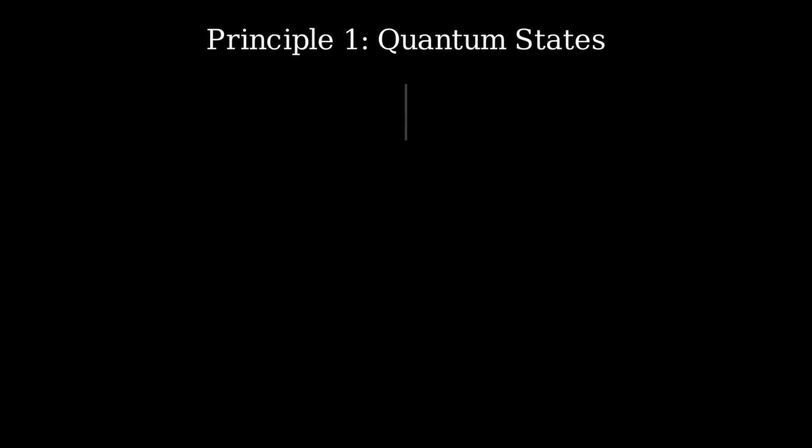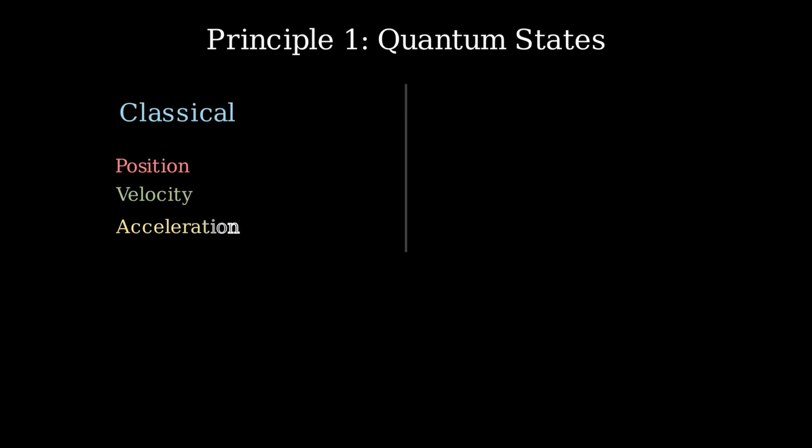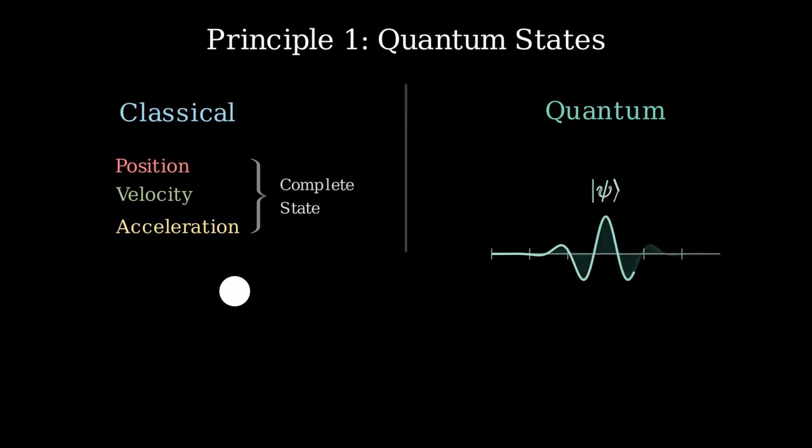In classical mechanics, imagine a ball moving through space. To describe its state completely, you need three pieces of information: position, velocity, and acceleration. Simple, right? In quantum systems, we use something entirely different: a state vector or wave function.